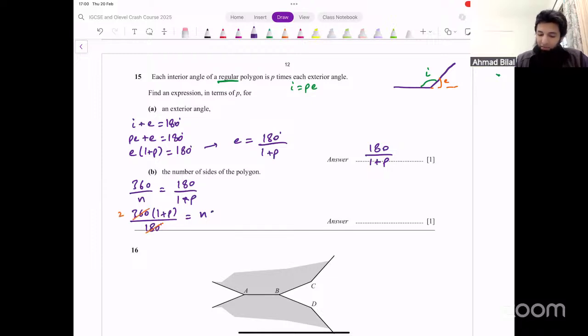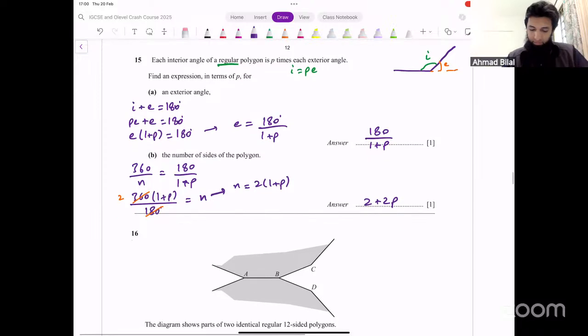So n equals 2 times 1 plus p. You can write that as 2 plus 2p. That's n, the number of sides of this polygon. Any problems with this? Any questions?